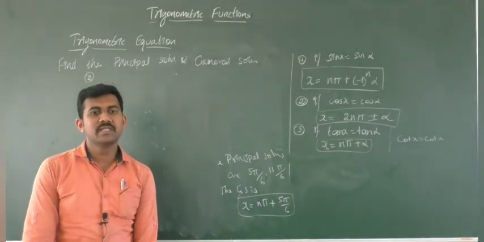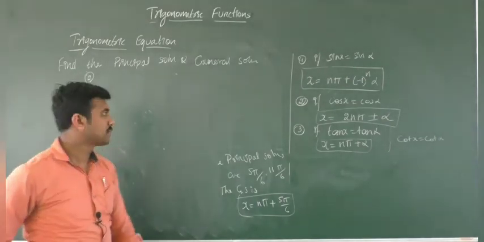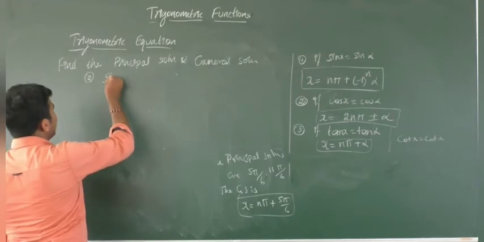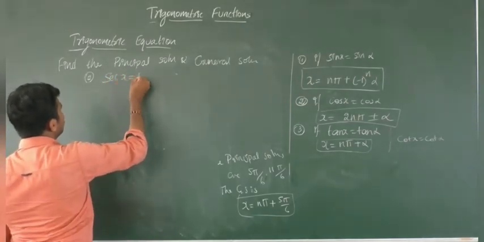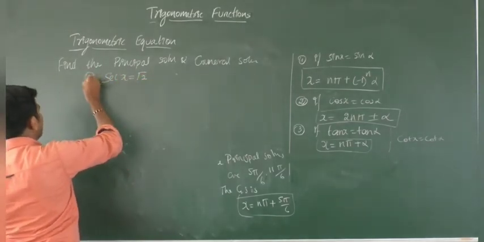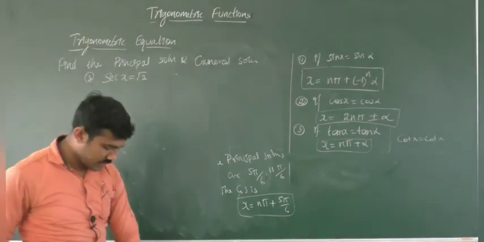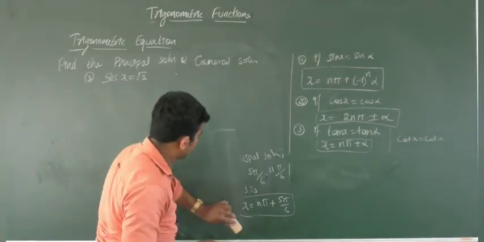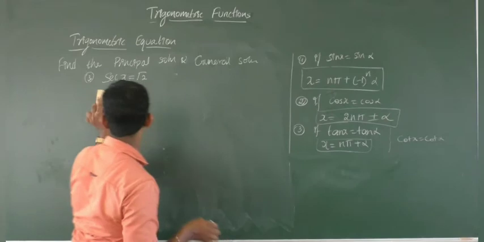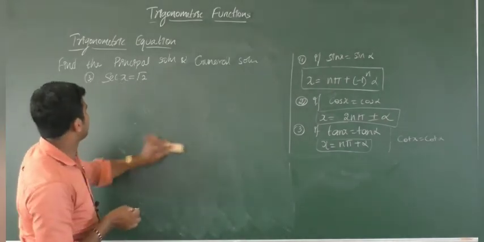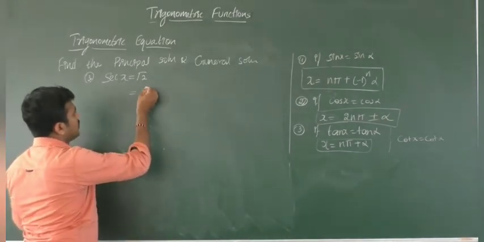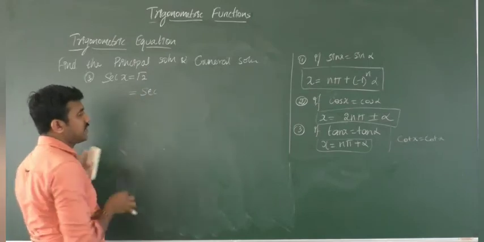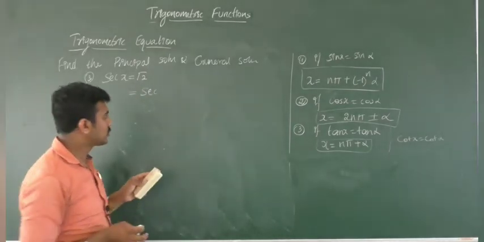They give one, secant x is equal to root 2. Secant x is equal to root 2. Okay, secant x, when it takes the value root 2, see, if you take here, in the first quadrant, secant value is positive, in which quadrant?